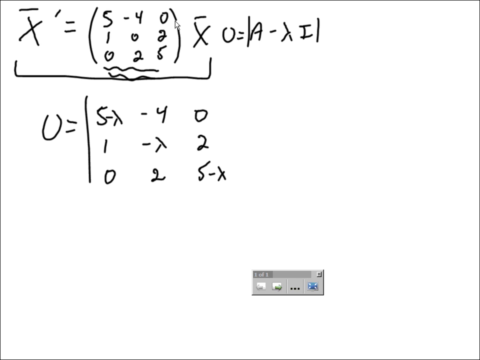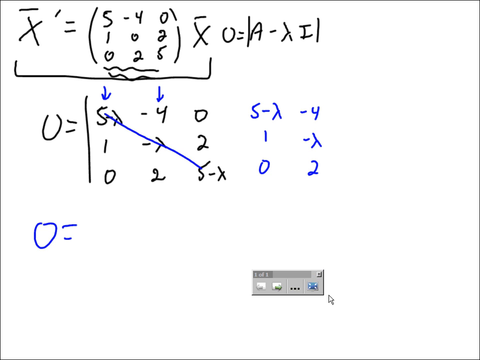If you want to calculate the determinant of a 3 by 3 matrix, the best thing to do is to repeat the first two columns at the end. This is the first column that's repeating, and this is the second column. And the determinant is going to be as follows.